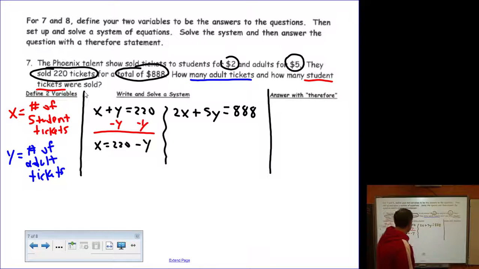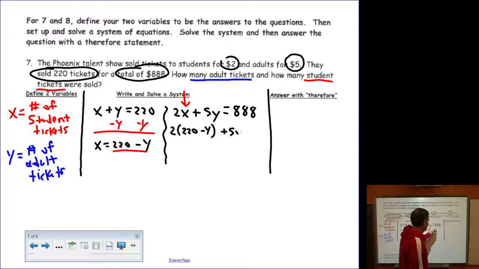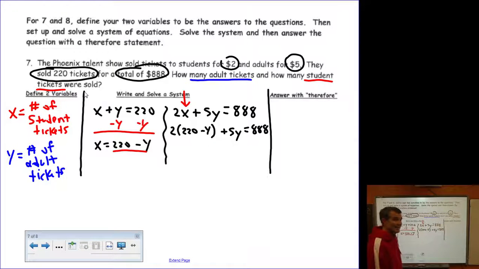And I will then take that amount and I will substitute it in for the x in the second equation. So the second equation, when I rewrite it, would be instead of 2 times x, 2 times 220 minus y plus 5y equals 888.